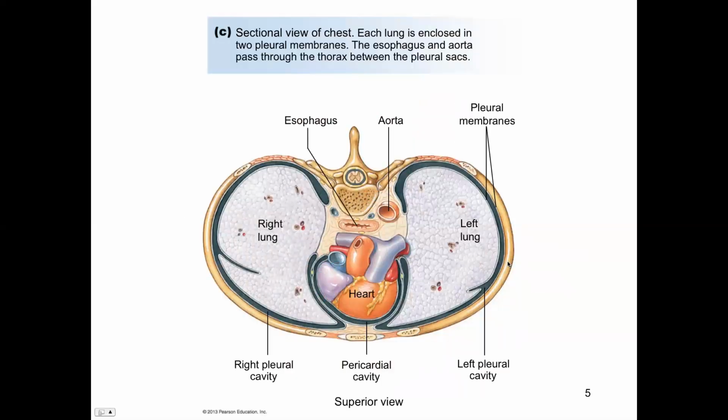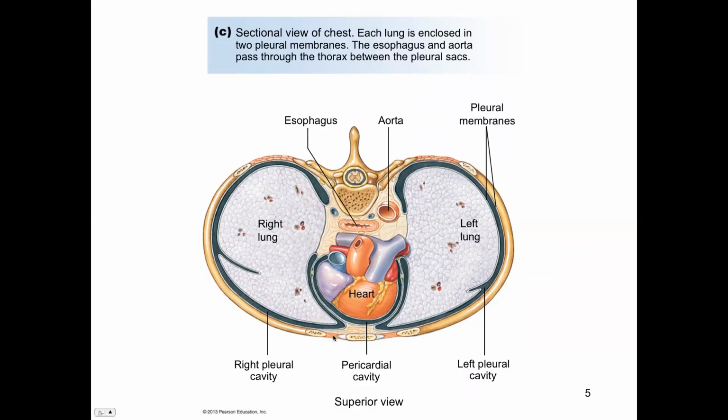Now, I wanted to remind you that each lung is in a body cavity, which we discussed way back, I think chapter 1 or chapter 2, I can't remember, but we have body cavities. And remember, we have the pericardial cavity around the heart. This is the mediastinum here, which is sort of a space in the cavity.